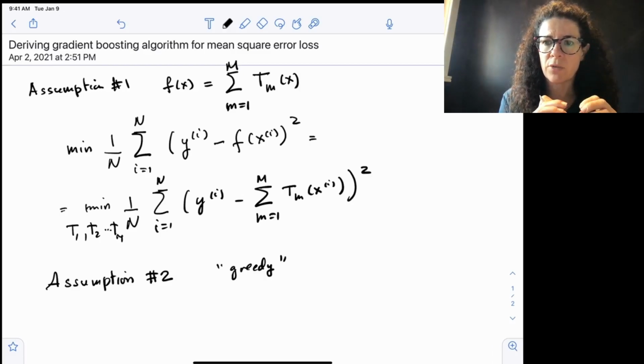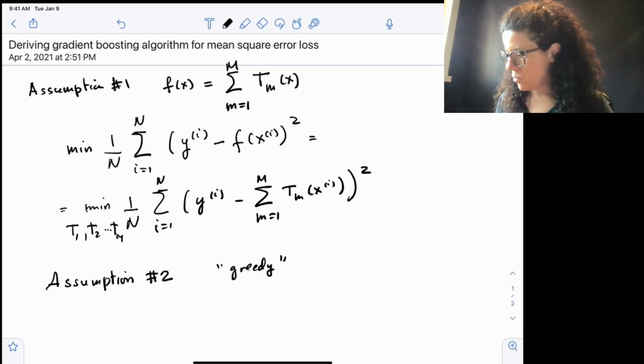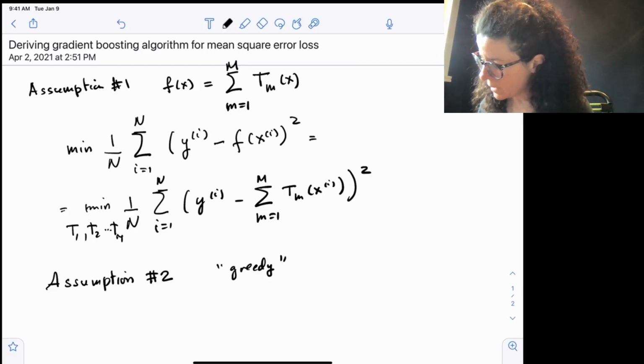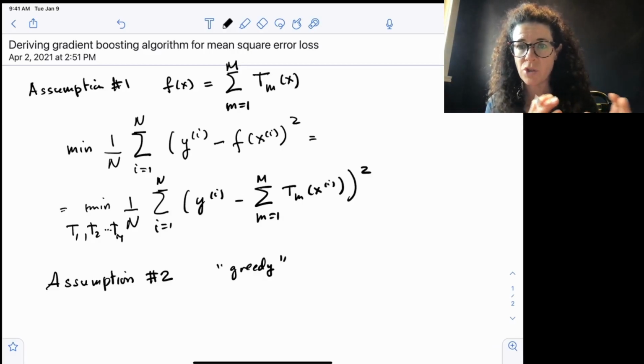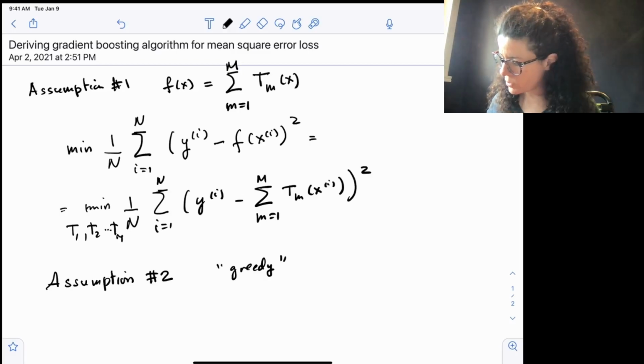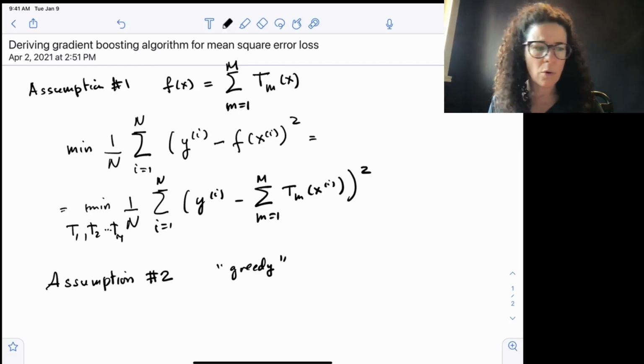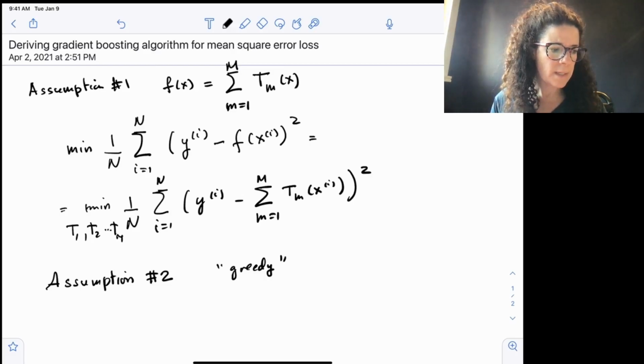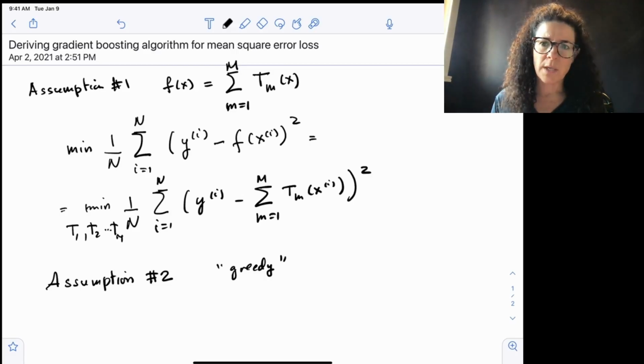Then after that, we're going to fit one tree. Once that tree is fit, we keep that, and then we fit another tree, and so on. We are never going to come back and change the previous trees. All the trees we fit in the past are there, and we just find a new tree after that.